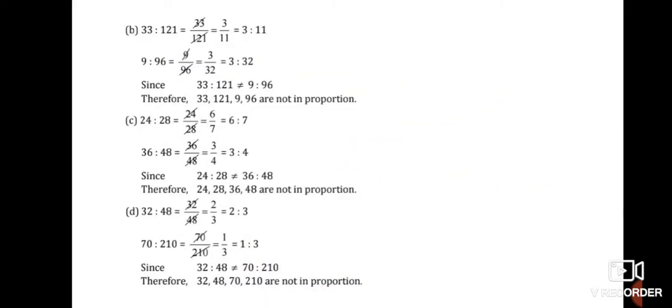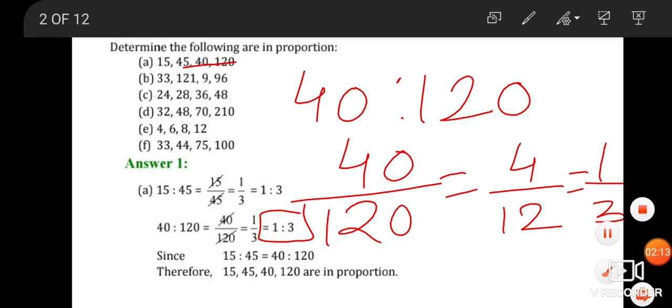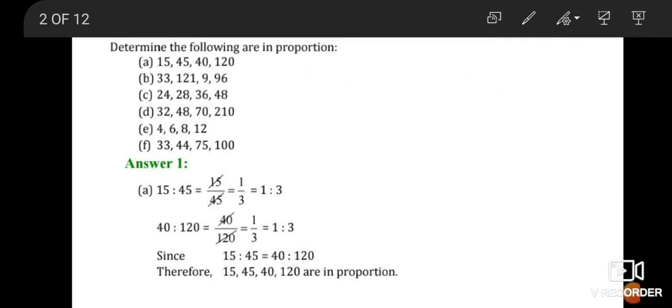So in this question, you can see that the ratio between the first two numbers is 1:3 and the ratio between the last two numbers is also 1:3. So you can say that the given four numbers are in proportion.